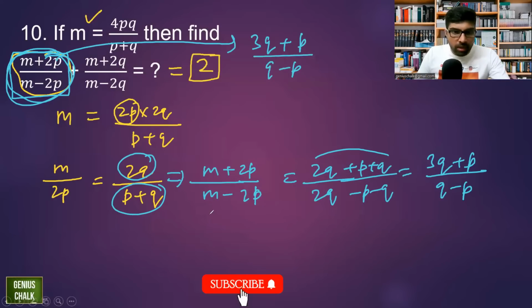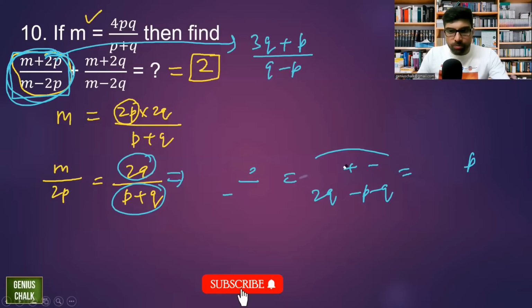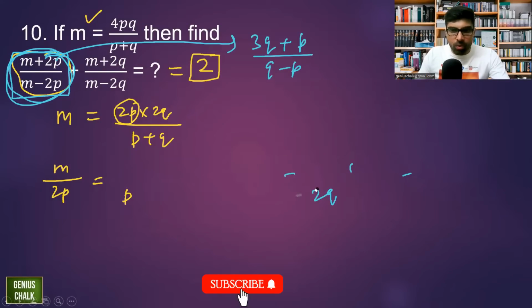Now applying the same thing for Q. If I take this 2Q to the denominator, then I can write M by 2Q is equals to 2P by P plus Q. Now if this is P plus Q, I can apply componendo dividendo.